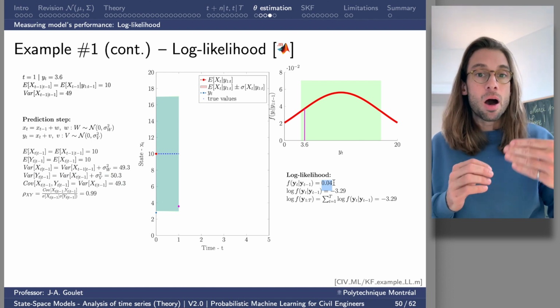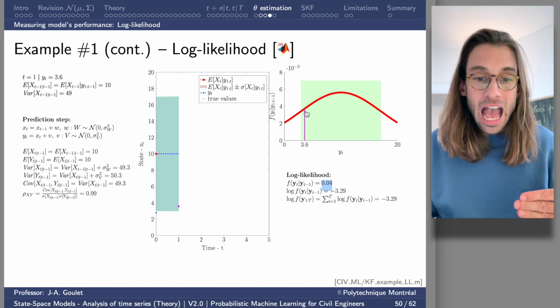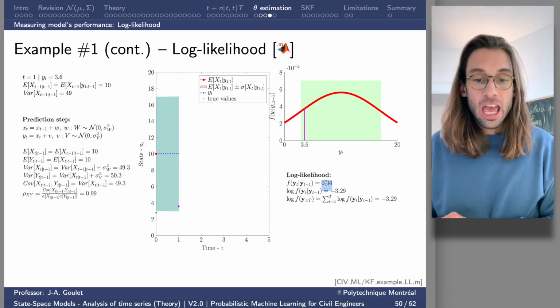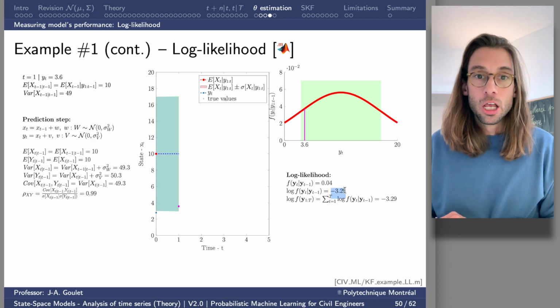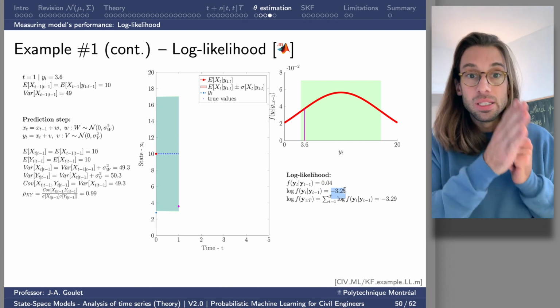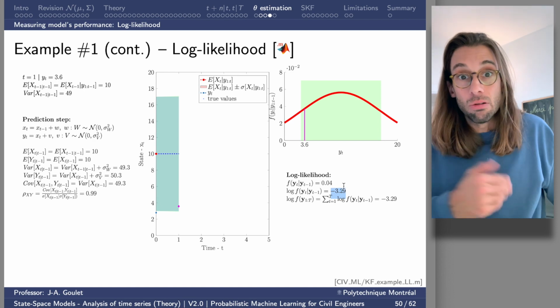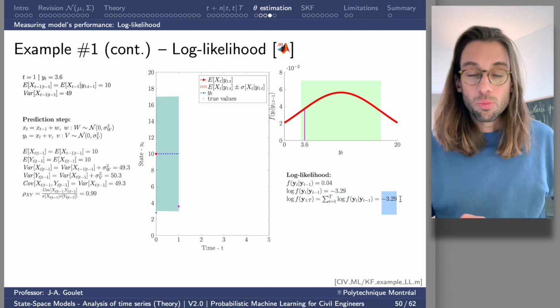How likely my model was to predict that actual observation. If I take the log of this quantity, it's going to give me minus 3.29. So the joint log likelihood from time 0 and time 1 is 0, what I had before, minus 3.29.